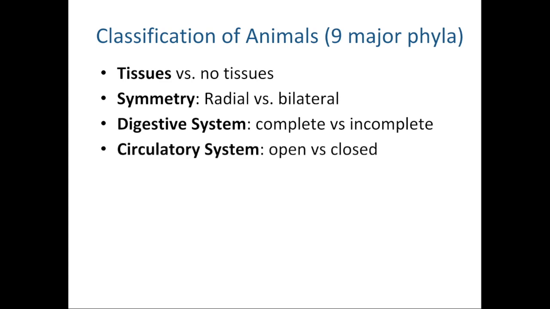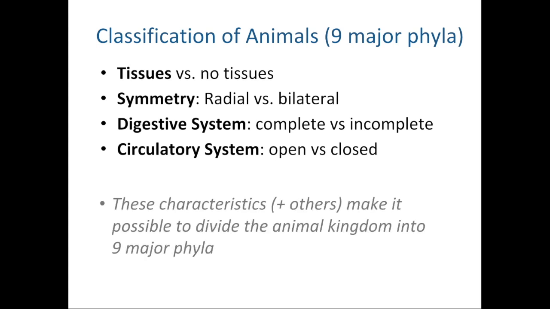For the circulatory system, is it an open circulatory system where the blood just flows throughout the body of the organism, or is it a closed circulatory system where the blood is contained in blood vessels? So these characters, plus a few more, make it possible to divide the animal kingdom into 9 major phyla.